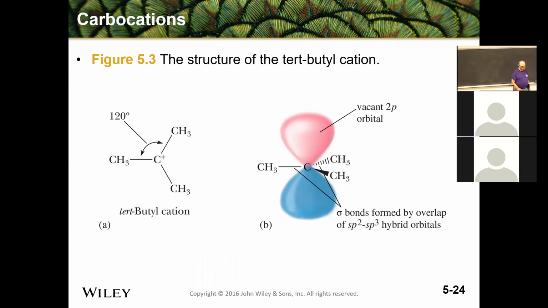Okay, the more substituents, the more alkyl groups or carbon groups that you have around a positively charged carbon, the more stable it is. The faster it's formed and the lower energy it is. This is the structure of a carbocation. It has a trigonal planar geometry. It has a vacant 2p orbital.